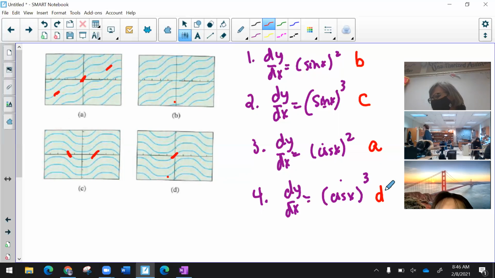Why am I feeling wacky about it? Well, because here's going to be my negative slope, and here's going to be my negative slope. Okay. All right.